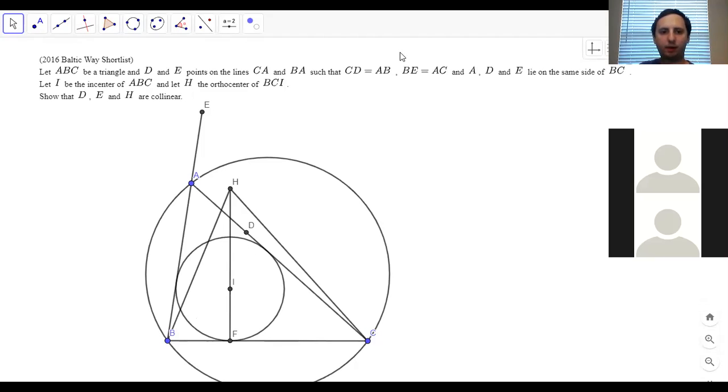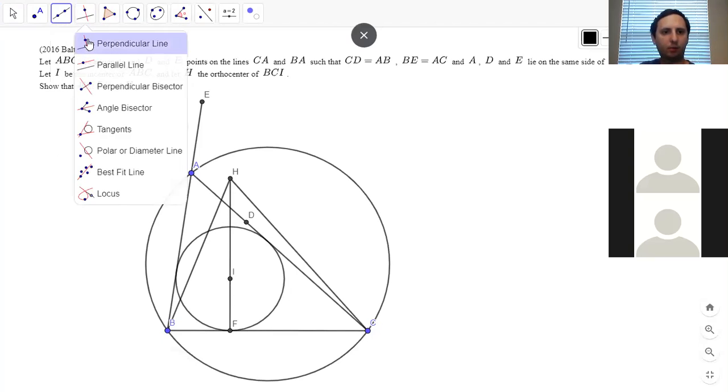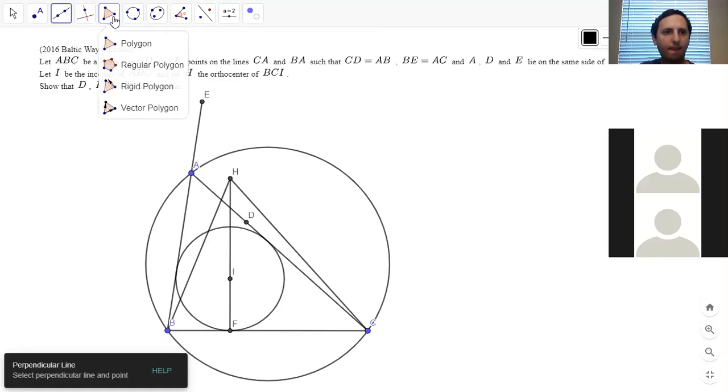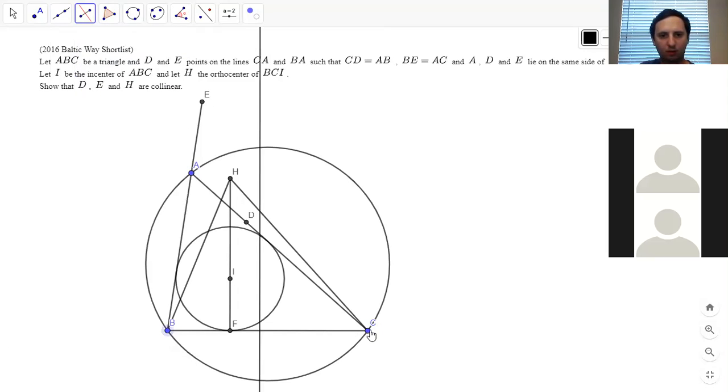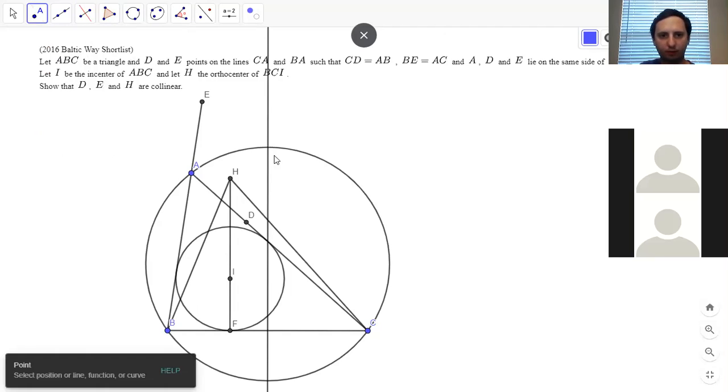The midpoint of arc BAC. Ah, yeah, no, I think you're onto something with that. Let me draw the midpoint of arc BAC. Yeah, because I think that would give us a lot of congruent triangles.